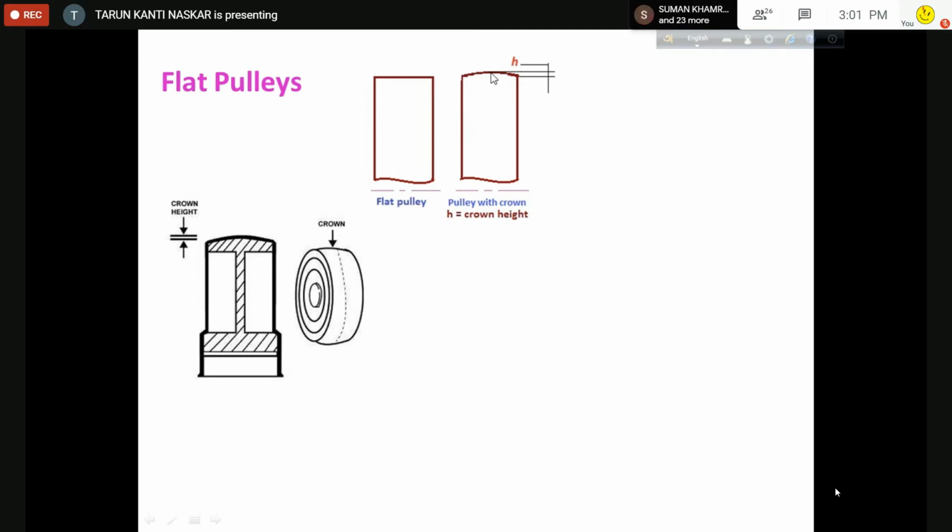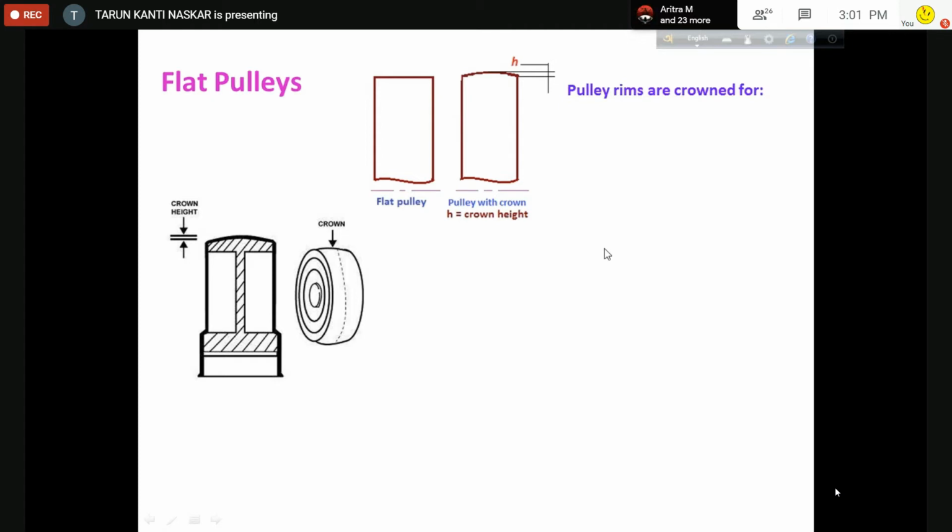Otherwise there will be a problem. They are parallel axes, and that line should be completely perpendicular to the parallel straight lines. Clear? That is why one pulley is crowned and the other pulley is used completely flat.